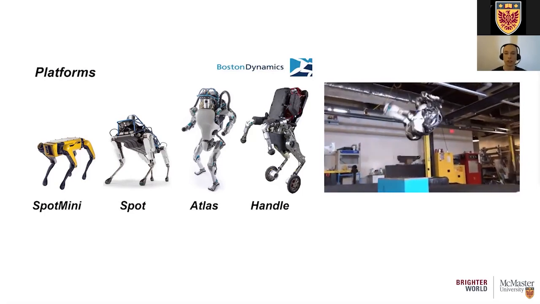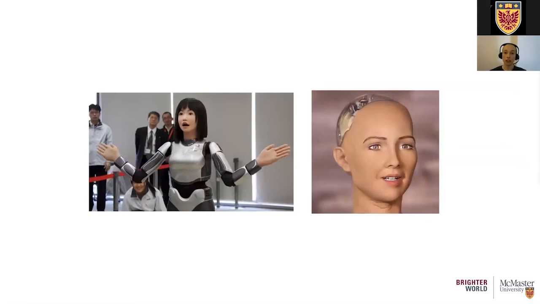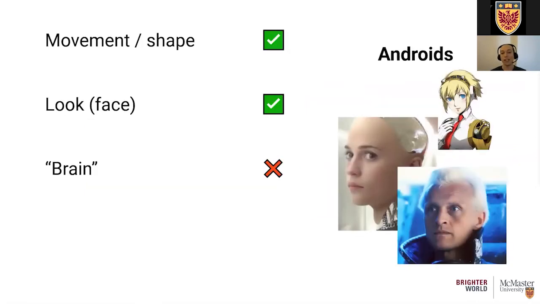Very, very cool. In terms of look and maybe more of the face, you can see robots, or androids is the proper term if they look like humans, that have this skin-like thing, and they're a little creepy, but you can start seeing that they look human, right? But even with that, the one main part about all this, the brain of these androids, is nowhere close to a human brain.